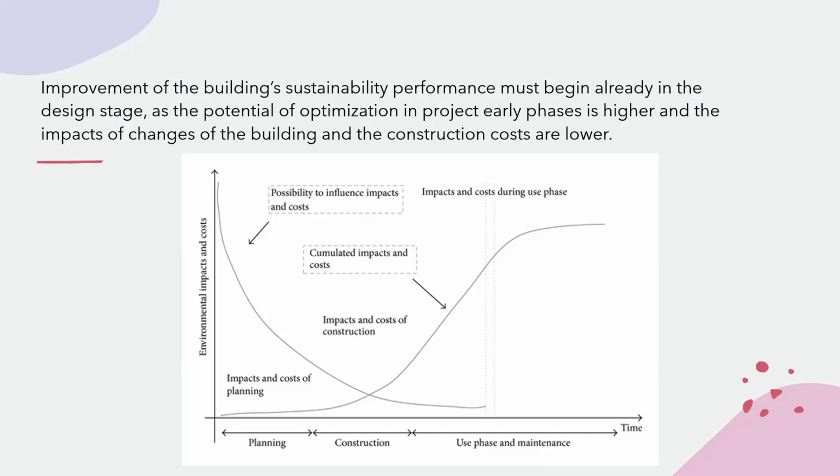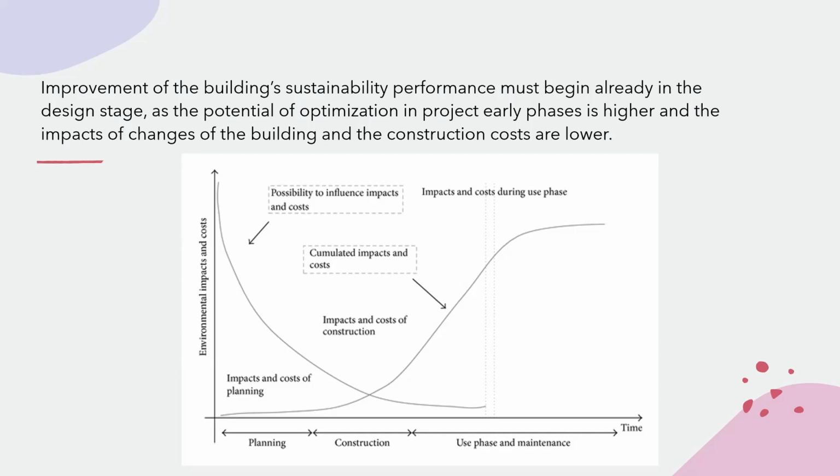If we try to apply the sustainable aspects in the early design stage, it is very easy to apply because the potential of optimization in early design phases is higher, and the impacts of changes to the building and the construction costs are lower in the early design stage.